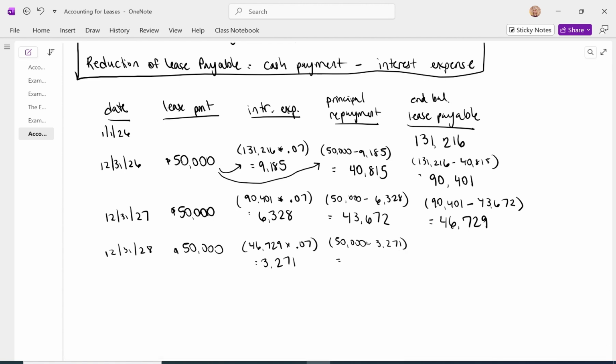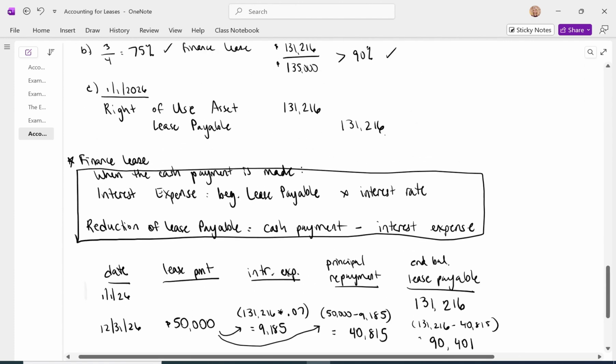The portion that I'm repaying of principal is 46,000. So this might come out a dollar difference due to rounding. Let's just say it's 46,729, and that's exactly what I want it to be. My balance was 46,729. Of my 50,000, I'm repaying that full amount, and my ending lease payable balance at the end of the 3-year lease term is 0. That's our lease amortization schedule.